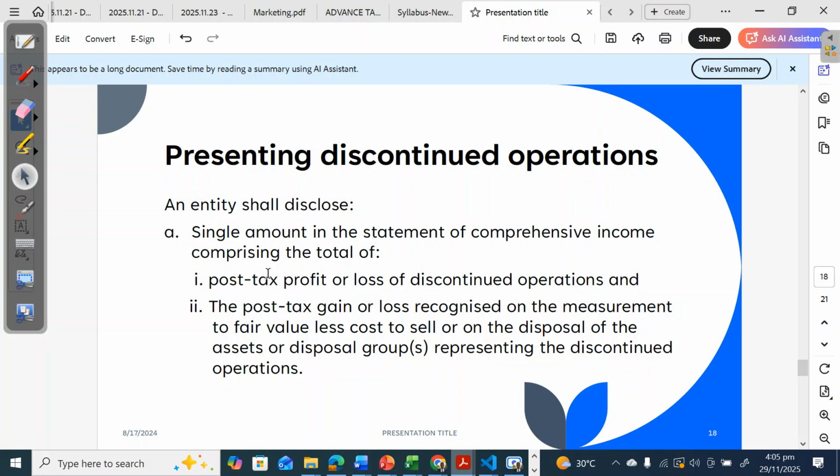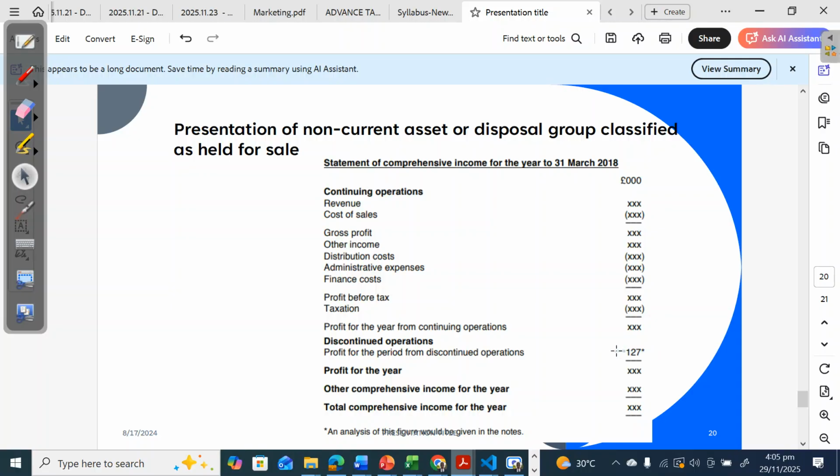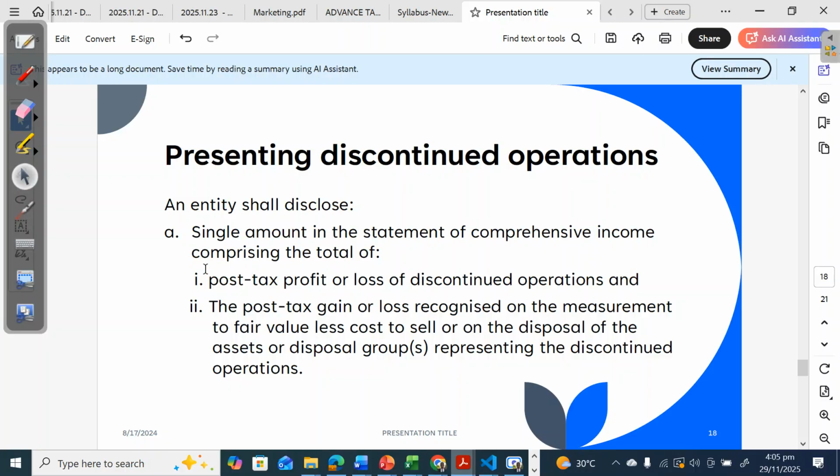Let's look at the components of this 127. The standard says this component is made up of the post-tax profit or loss from discontinued operation. That's one. Then another, the post-tax gain or loss recognized on the measurement to fair value less cost to sell, or on the disposal of the assets or disposal group representing the discontinued operation.